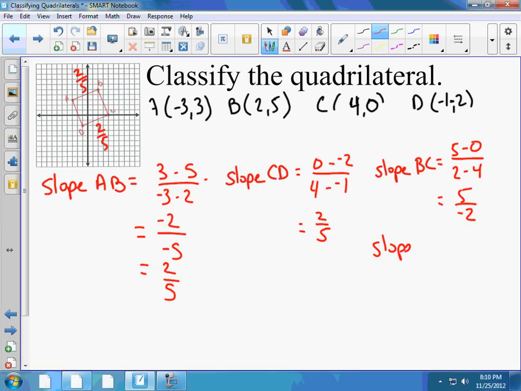And the slope of AD, setting that one up, is going to be 3 subtract negative 2 over negative 3 subtract negative 1. Gets us negative 5 halves. So I'm going to write those into our coordinate plane here. What we then need to take a look at is we've got opposite slopes equal.